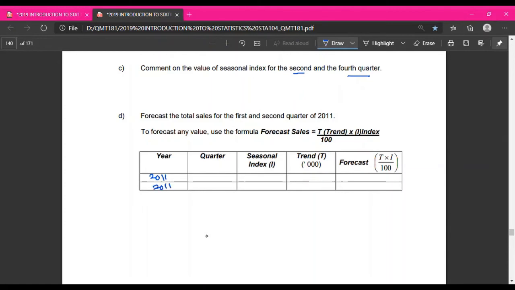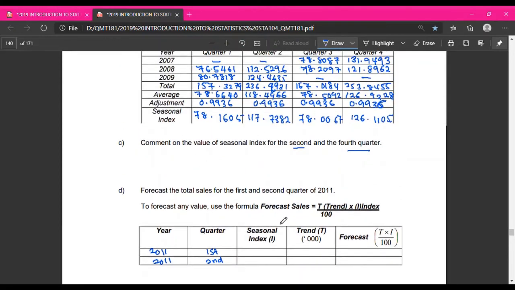Okay, kita nak forecast first and second quarter for 2011. Okay, dia punya seasonal indices, ambil daripada sini. Seasonal indices for the first quarter adalah 78.1605. For the second quarter, 117.7382.